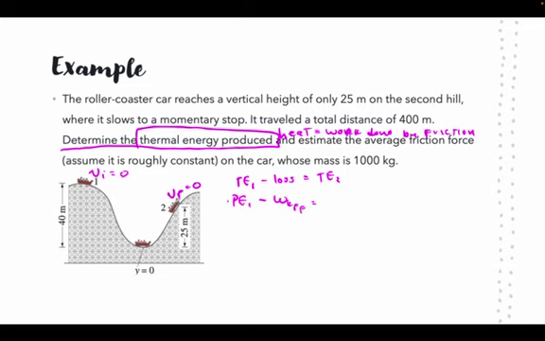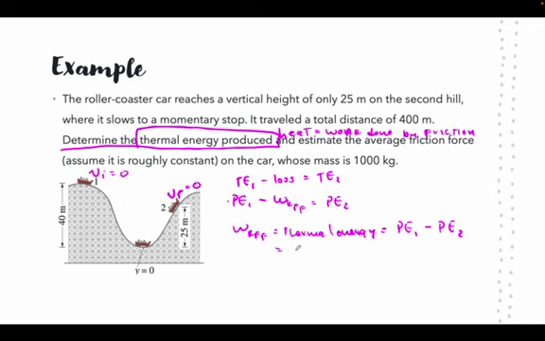The cart is not moving, so there's no kinetic energy, so there's only potential energy at the end. Which means that the work done by friction, which is the same thing as thermal energy, is going to be equal to the potential energy that we had at the beginning minus the potential energy that we had at the end.